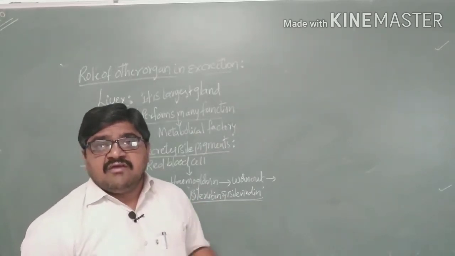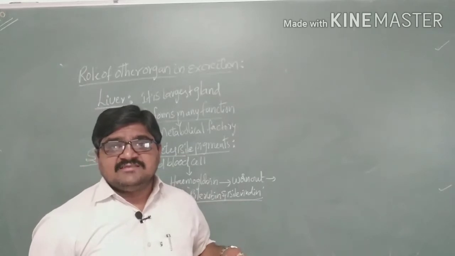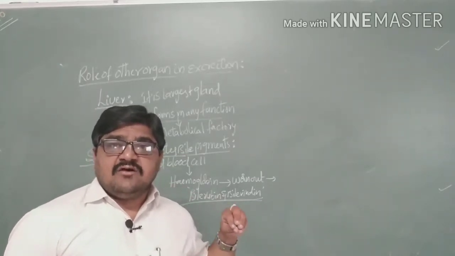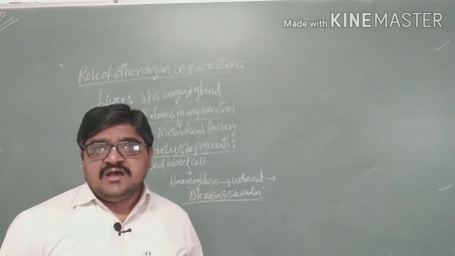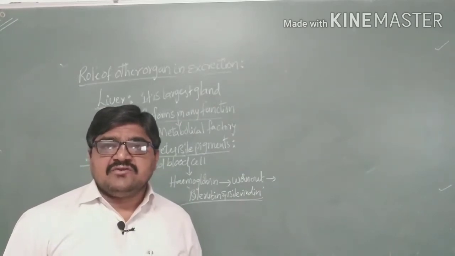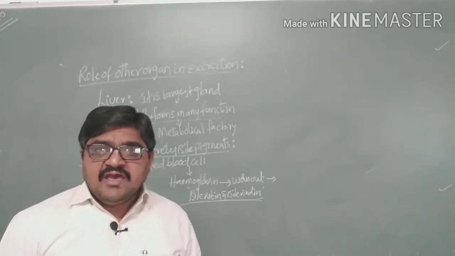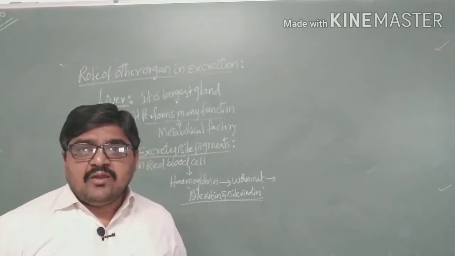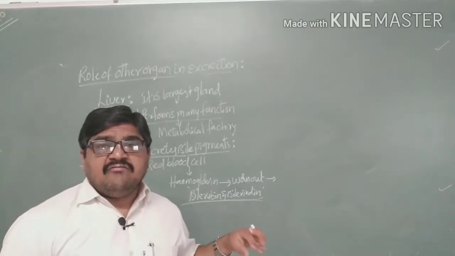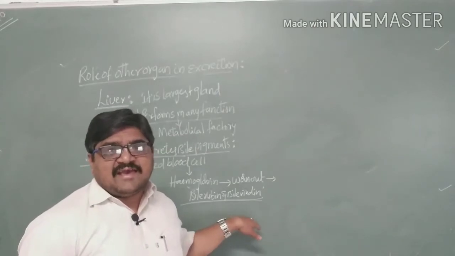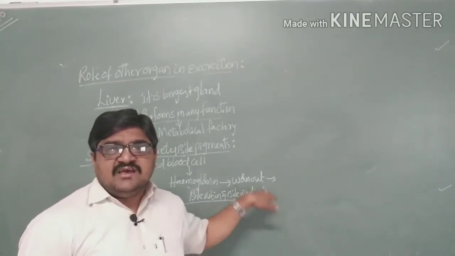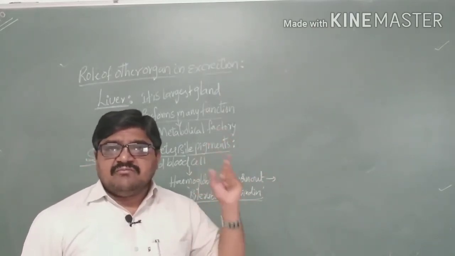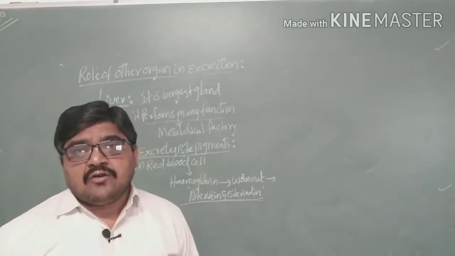And also when the red blood cells are dead, the hemoglobin divides into heme plus globin, where the heme is converted into bilirubin and biliverdin, which are excreted outside through the anus. They are eliminated outside from the body of an organism.